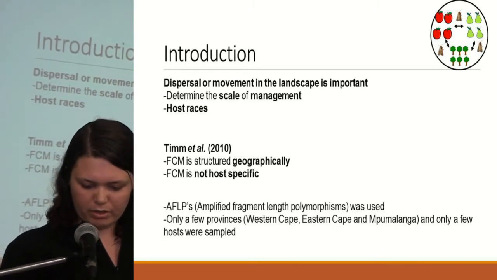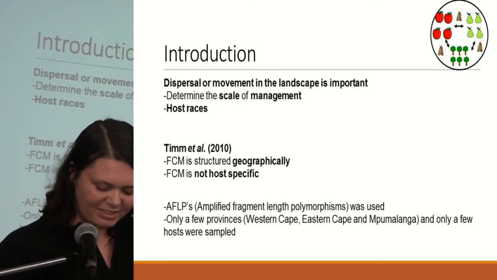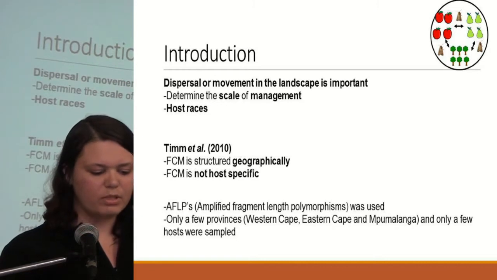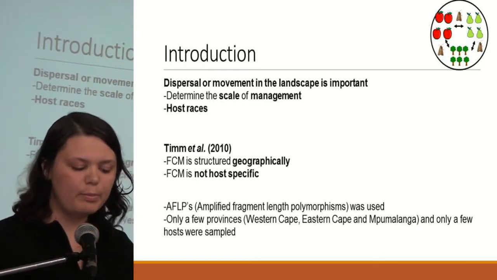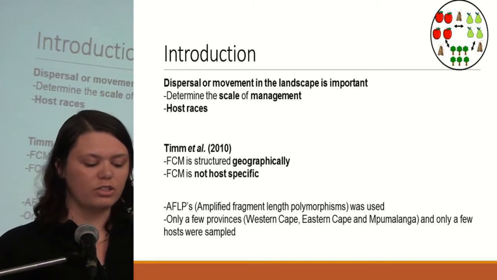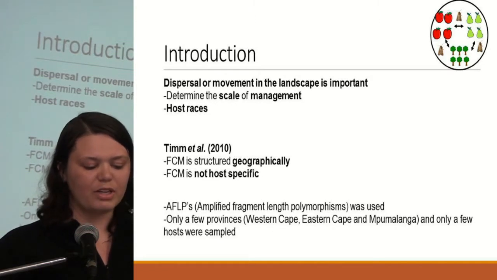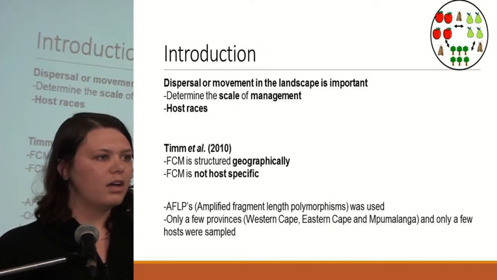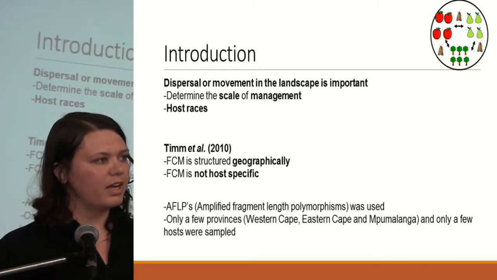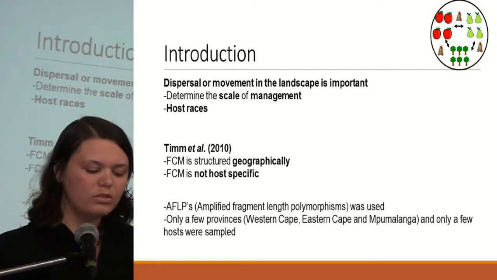So there is some current knowledge on the dispersal patterns, from a study that was done by Tim et al. in 2010, and they found that FCM is structured geographically in South Africa. Now, sorry, they only collected fruits of FCM in the Western Cape, the Eastern Cape and Mpumalanga, and they also only sampled a few hosts.